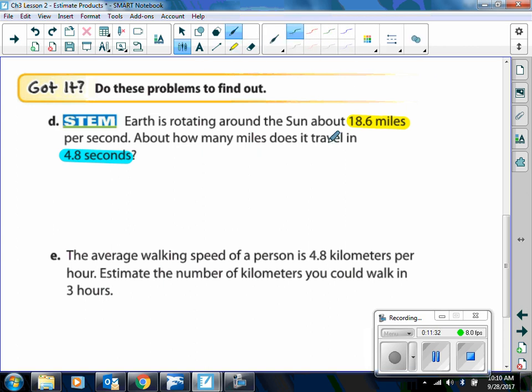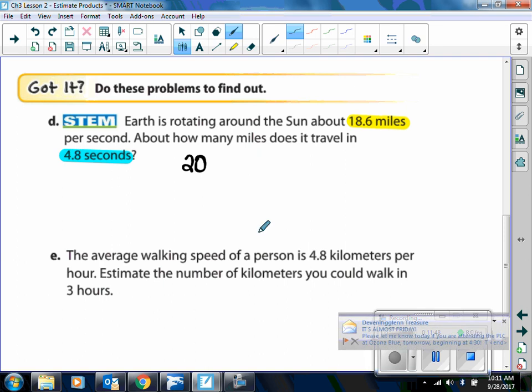So the 18.6 miles rounds to about, well, we're rounding to the greatest place value, which is going to be 20. Very good. And the 4.8 seconds rounds to the nearest whole number, so that's going to be 5.